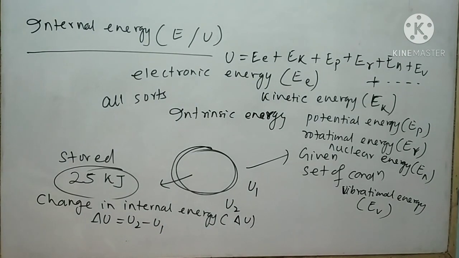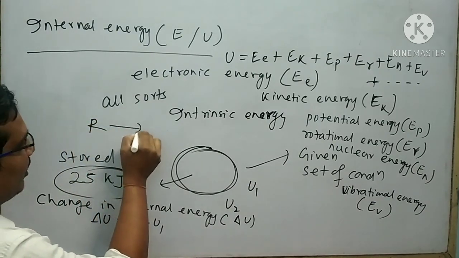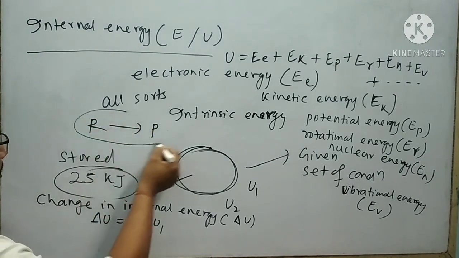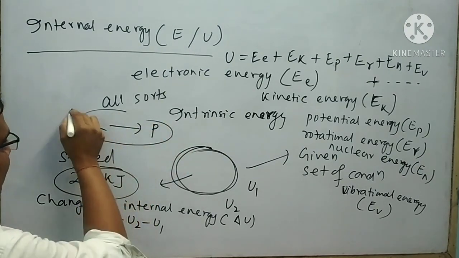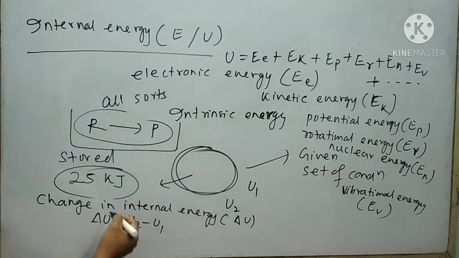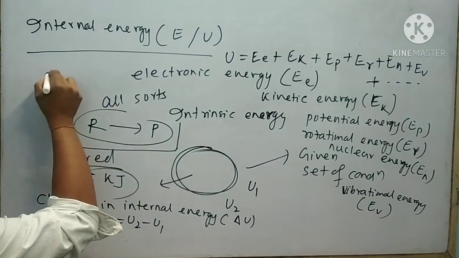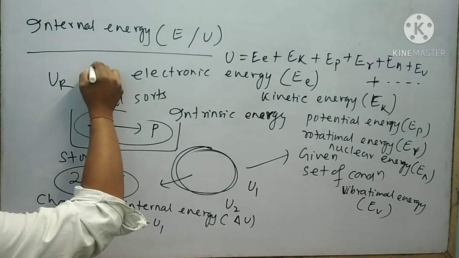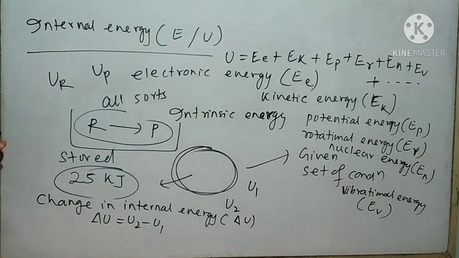Suppose I want to think about a reaction. Suppose the reactant is converted into product. This reaction takes place in a system. In this system, the internal energy of the reactant is denoted by UR. The internal energy of the product is denoted by UP.